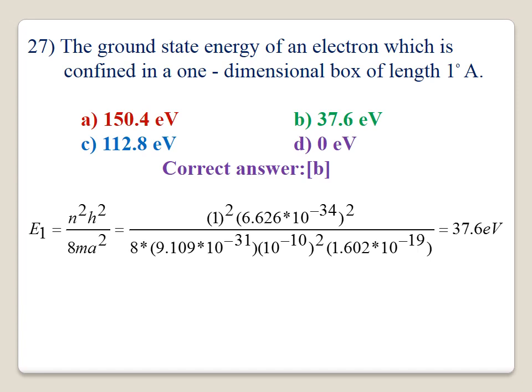You substitute the values of h, m, a in the equation. n equal to 1, h² is (6.626×10⁻³⁴ joule second)² divided by 8 into mass of the electron 9.109×10⁻³¹ into (1 Angstrom unit, 10⁻¹⁰ meter)², which is divided by 1.602×10⁻¹⁹ to convert into electron volt. Therefore, the correct answer is 37.6 electron volt. Option B is correct.